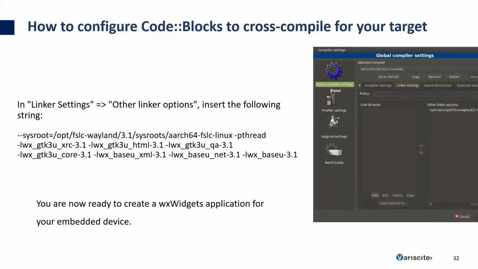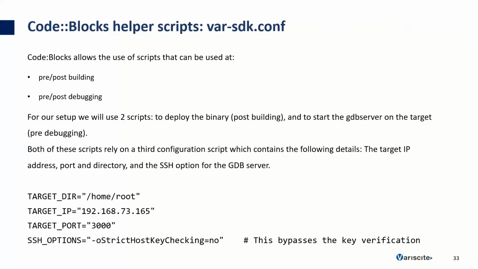Okay, once we set up the cross compiler, we also need to add the linker options to find all the expected libraries. And this is the first part. We completely set up the environment for the toolchain and the debugger. Now we need to start to automate all the steps.